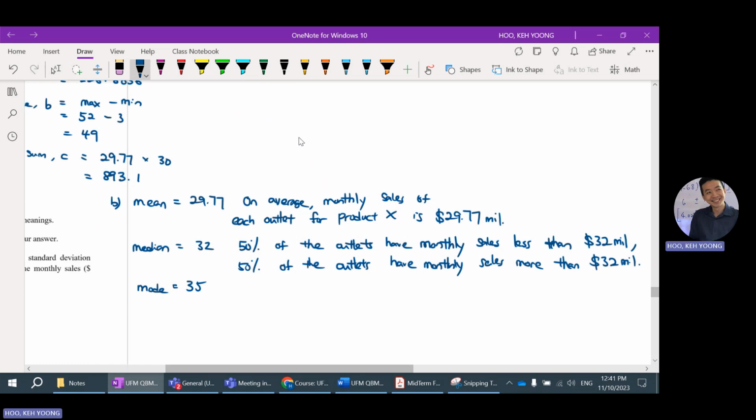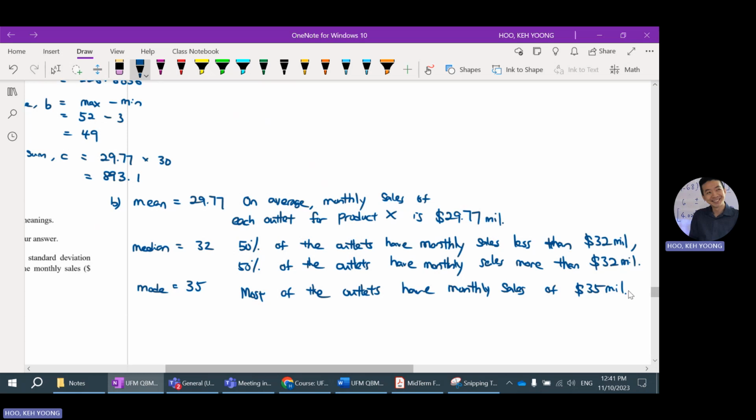How about modes? Mode is the value with the highest frequency. If I say mode is 35, that means the majority of the outlets are having monthly sales of $35 million.